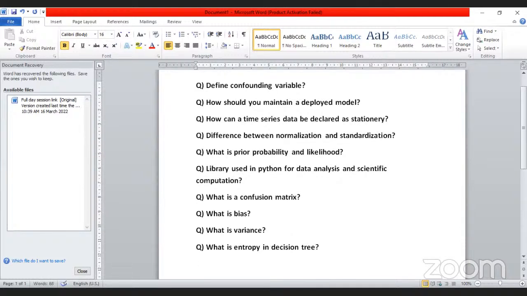Okay. What is the entropy in a decision tree?